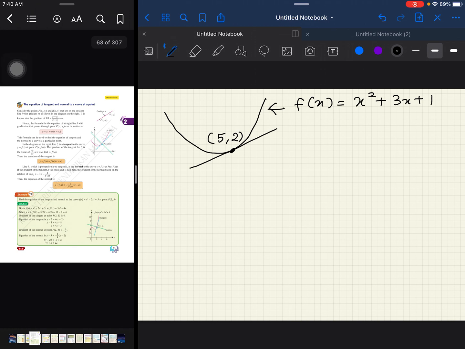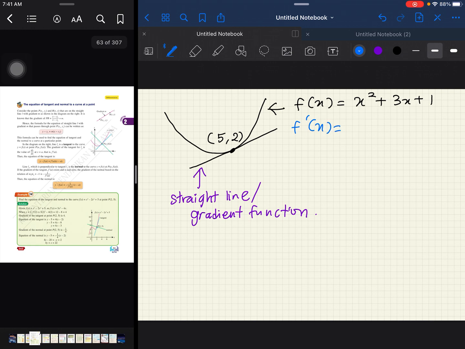So, sebenarnya bila dia mencari gradient function, kita juga boleh mencari equation of the straight line. Kalau awak tengok, inilah straight line, betul tak? Straight line equation dia, ataupun kita panggil dia gradient function. Okay? So, macam mana cara nak cari dia?